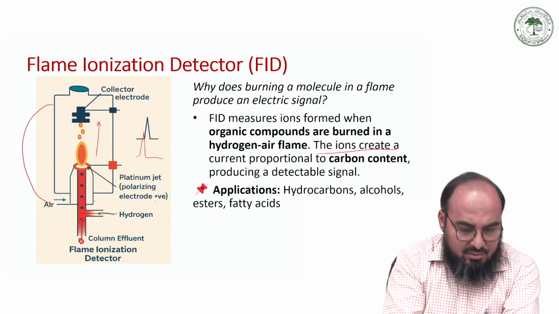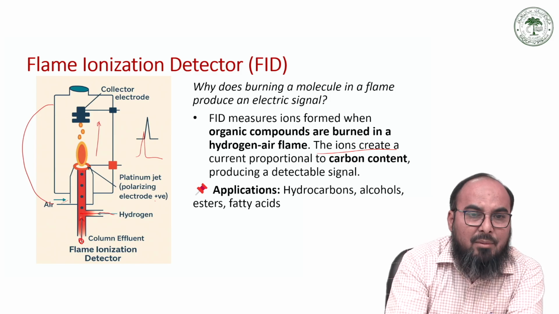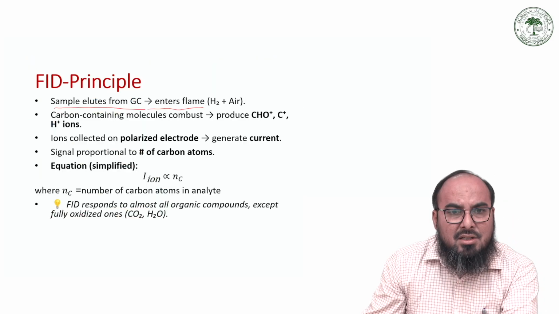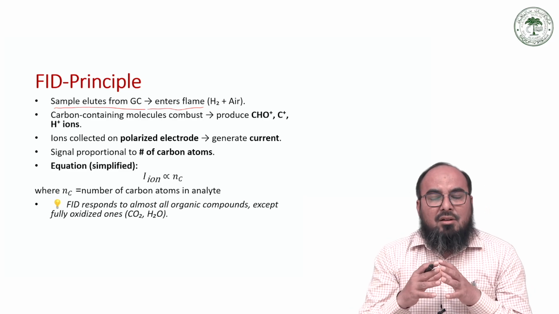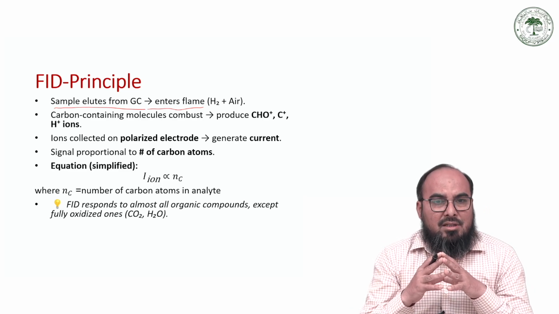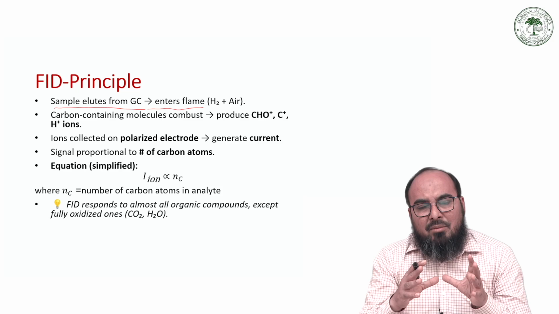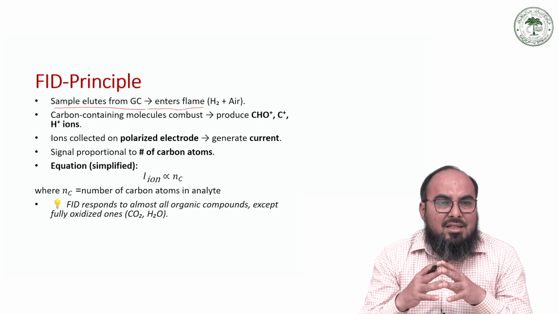If you see here, air mixes from here and hydrogen mixes from here, and effluent is coming from this side. So it burns, and it produces radicals and ions, that is CHO plus and C plus, and these ions are collected on the polarized electrode and generate current, and that current is measured in the form of a signal.